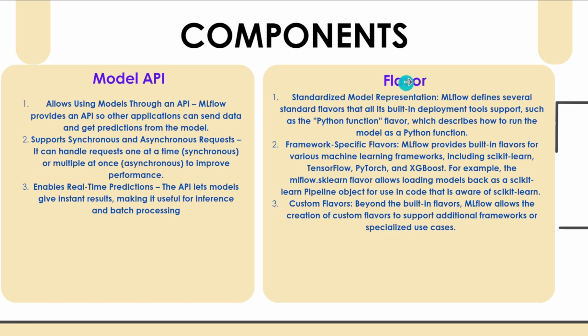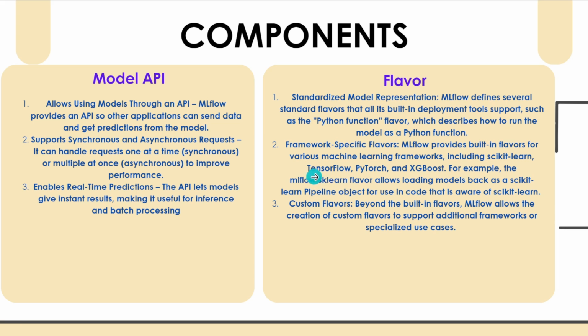The next is flavor. See, standardized model representation. MLflow defines several standard flavors that all its built-in deployment tools support, such as the Python function flavor that I showed you before, which describes how to run the model as a Python function. Then there are framework-specific flavors. MLflow provides built-in flavors for various machine learning frameworks, including scikit-learn, TensorFlow, PyTorch, and XGBoost.